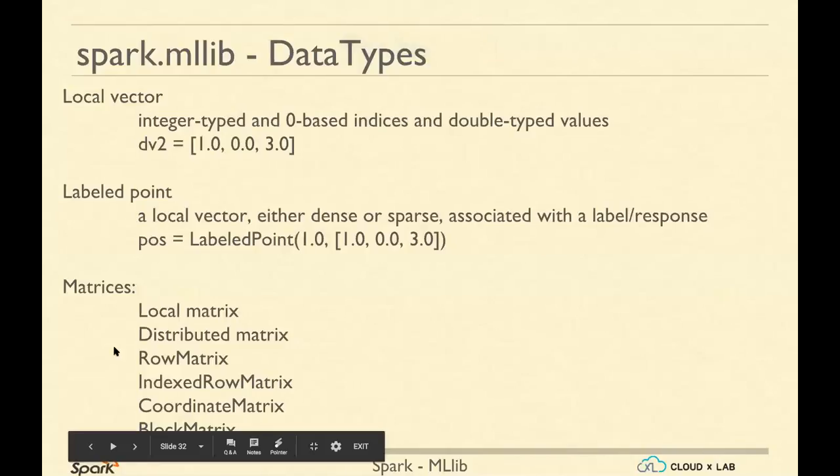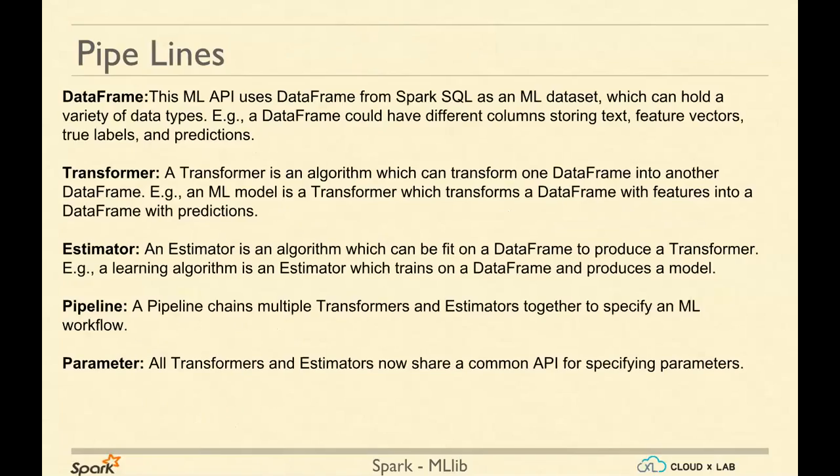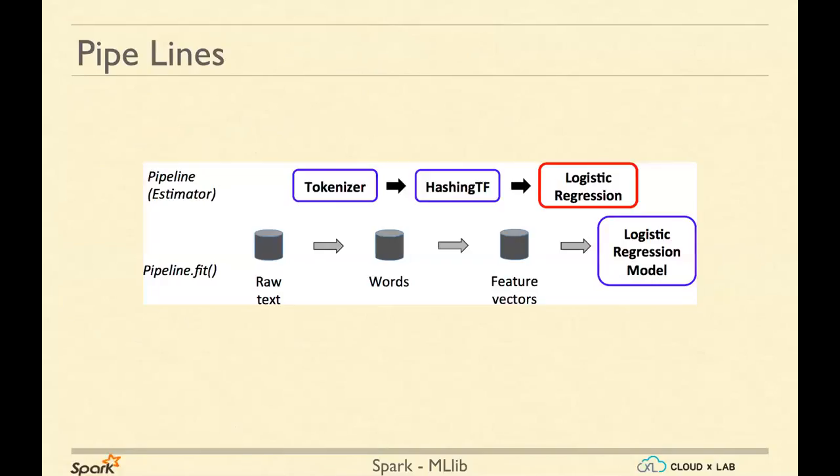Other than the out of the box recommender algorithms, Spark MLlib also provides the local vector, labeled point, the matrices, local matrices, distributed matrices, and so on. It also provides us the pipeline, with various classes like transformer, estimator, pipeline, parameter, and data frames.